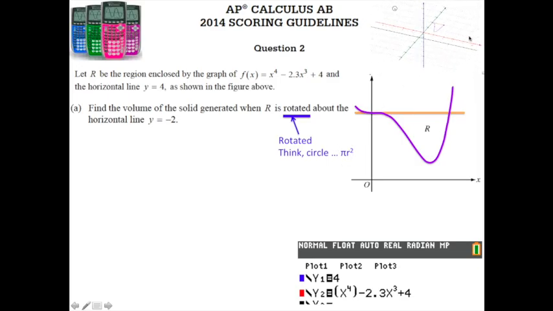If we look at the animation up here, here's that region, and now I'm going to spin it around this line, y equals -2, and we end up with this washer that has a curved inside and a flat outside. The purple inside is curved, and the orange exterior is flat.